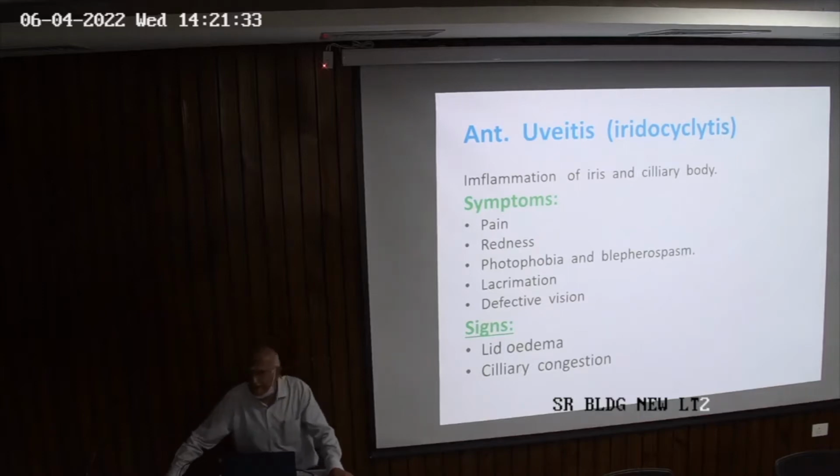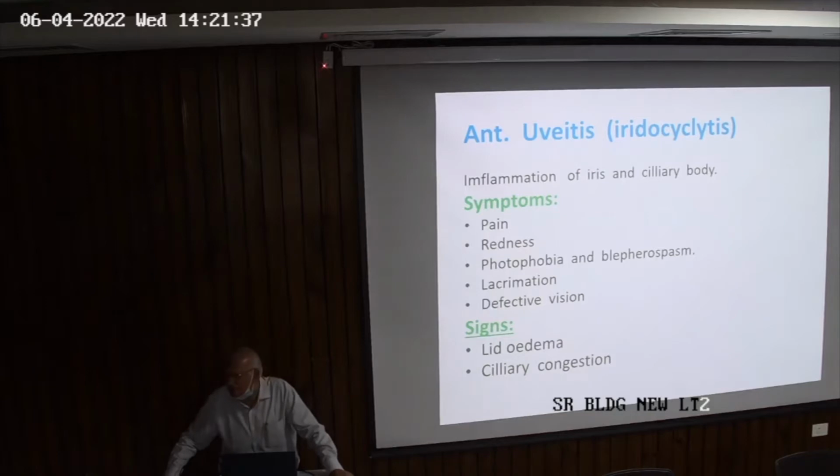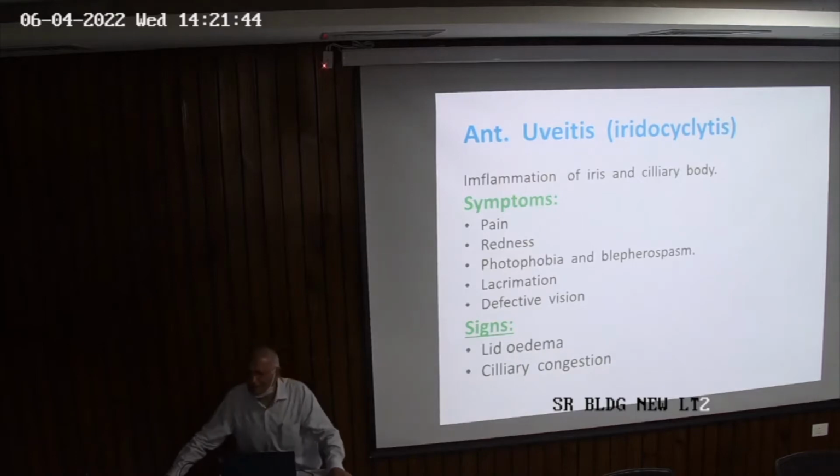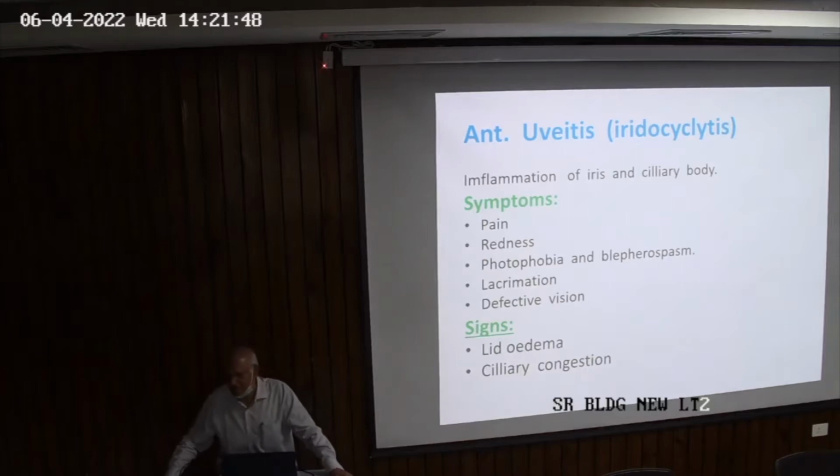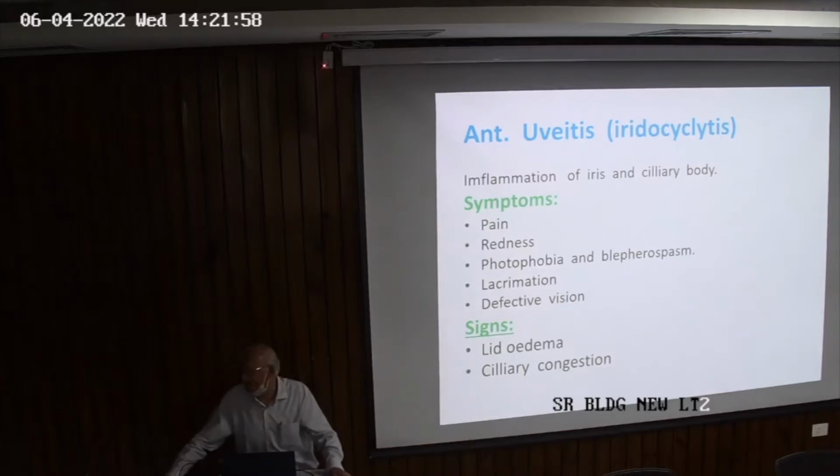Something about the redness: which type of redness is there in acute iridocyclitis? What type of congestion is there? Clinically, that is important. When we talk about redness or conjunctival congestion, we should know there are two types of congestion: one is superficial, another is circumcorneal or deep congestion.